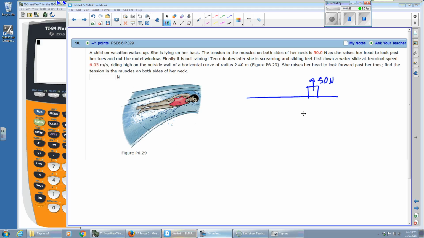So really 100 newtons. That's kind of telling you how massive her head is. It's one way to look at it, because the tension of the muscle on both sides of her neck is 50 newtons.